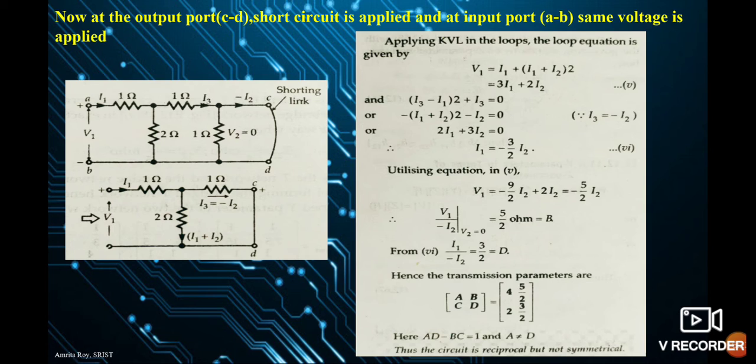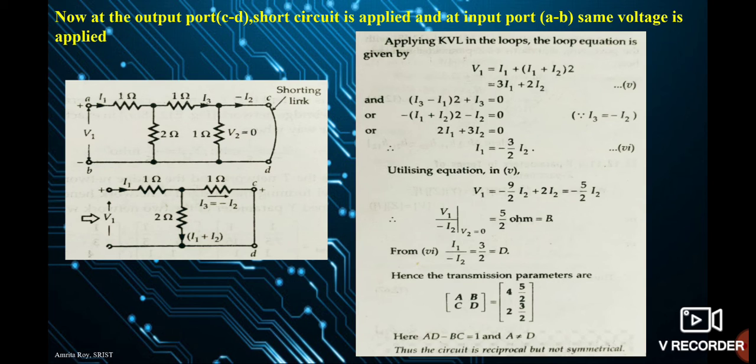In the next step we are going to apply a short circuit across the output port CD. So now at the input port AB the same voltage is applied. When the output port is short circuited, the current flowing through the 1 ohm resistance will not flow through the resistance kept in parallel to 2 ohm, that is, it will follow the least resistive path.